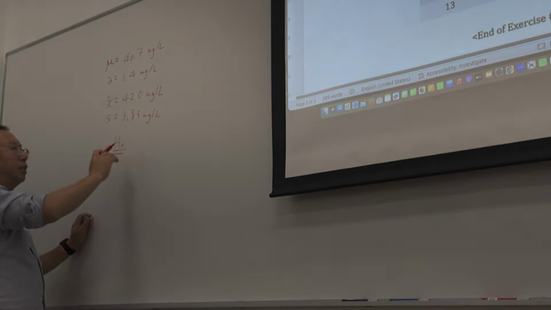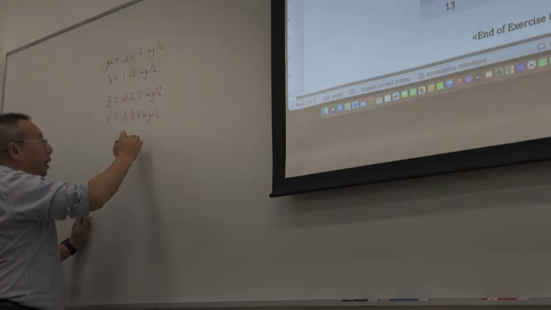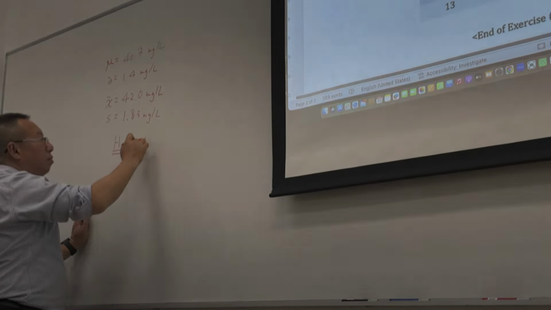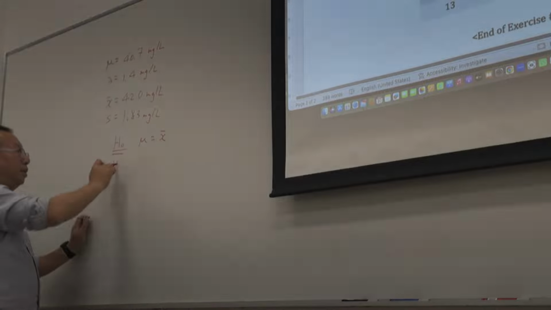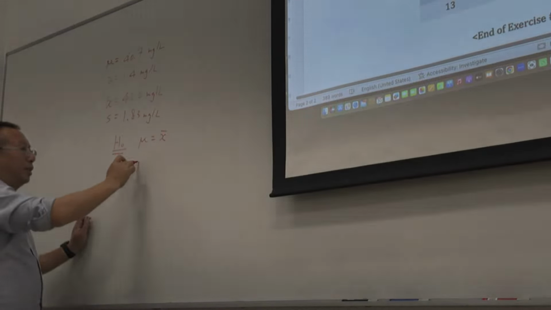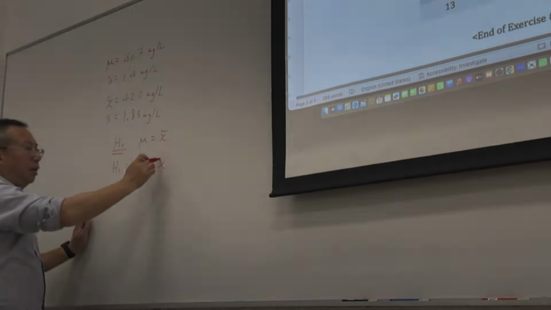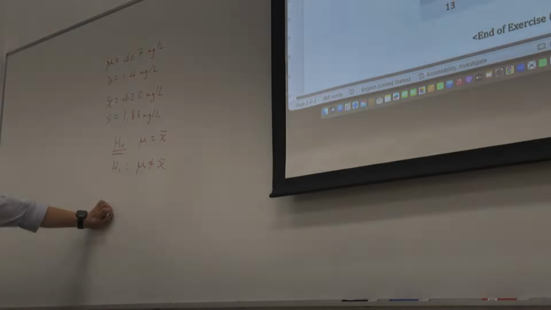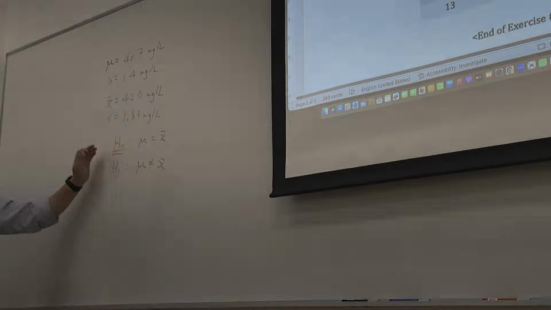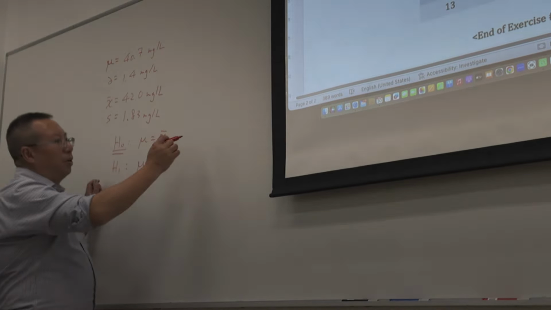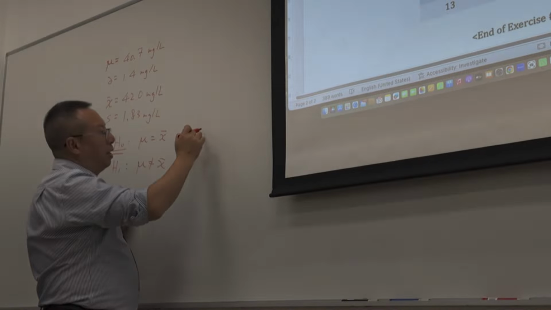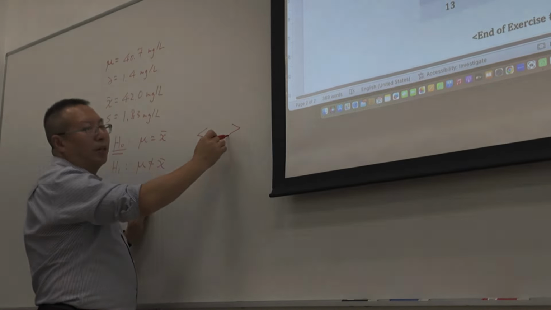The null hypothesis we use is this one, and the alternate hypothesis is, since usually for this null hypothesis it's talking about being alike or unlike, it can be smaller than or greater than.